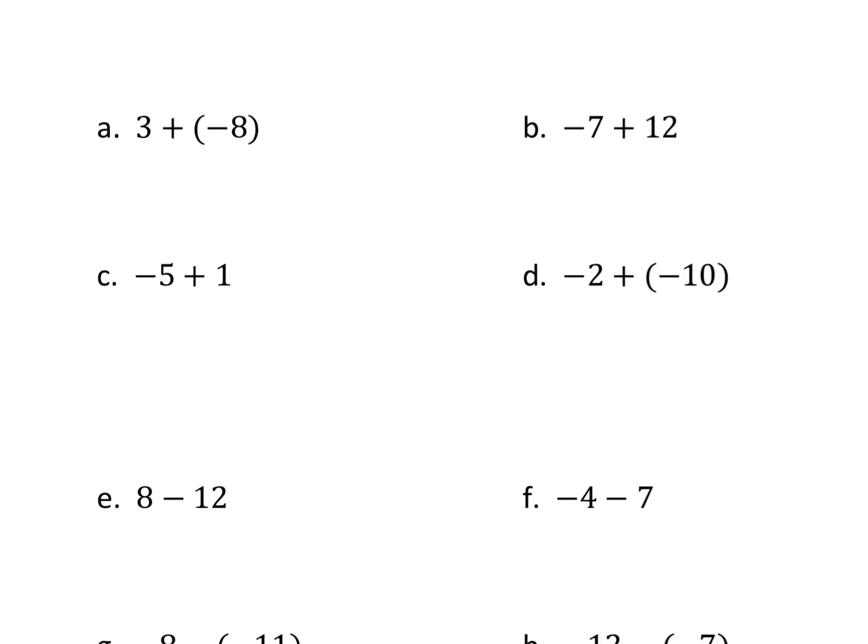So we do have different signs. And in order to combine numbers with different signs, we are going to subtract the numbers. And when we do our subtraction, remember we always do larger minus smaller. So we want to do 8 minus 3, which is 5. And then to determine the sign of our answer, we want to keep the sign of the larger number. And so this is equal to negative 5.